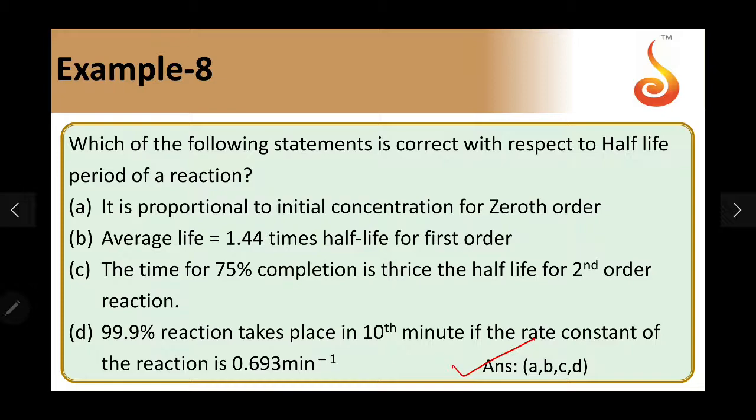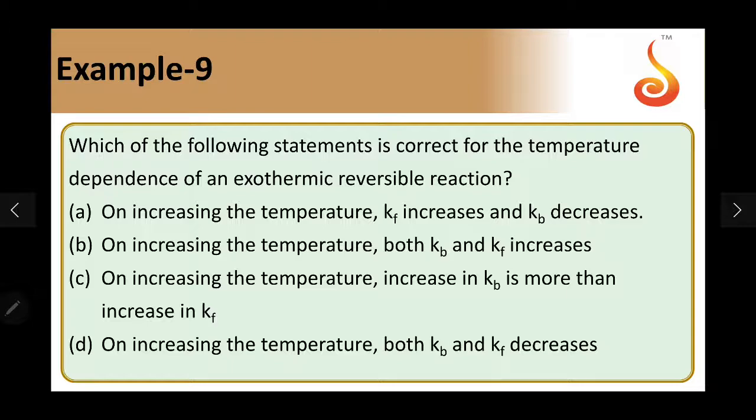We'll go to the ninth question. Which of the following statements is correct for temperature dependence of an exothermic reversible reaction? So forward reaction is exothermic, backward reaction is endothermic. See, the rate constant of any reaction will not decrease with increase in temperature.